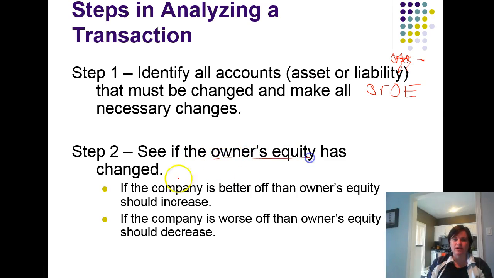You're going to ask yourself that question, and then some subsequent questions to be able to figure this out. Is the company better off? If the answer is yes, then it's an increase to equity. Is the company worse off? If yes, then it's a decrease to equity.